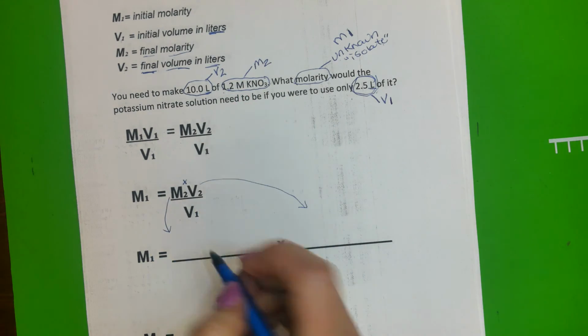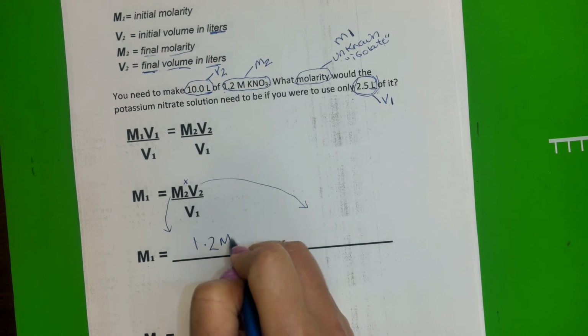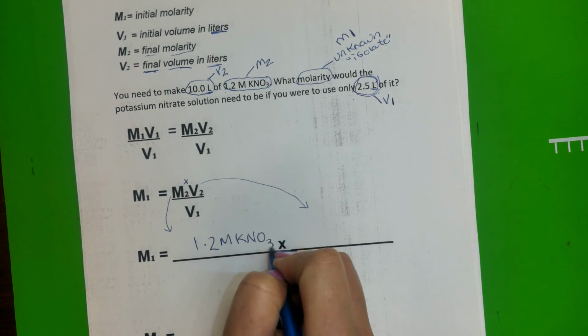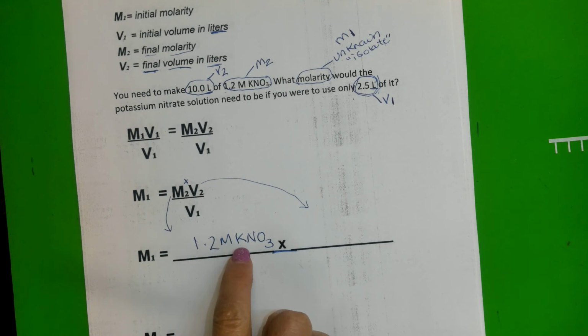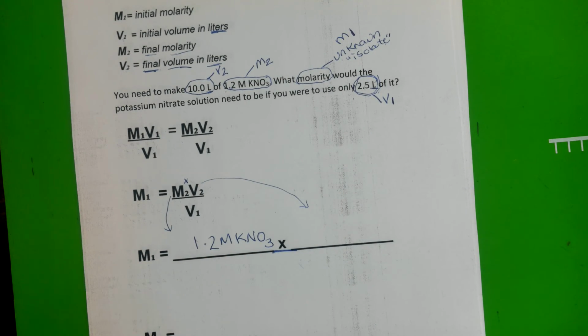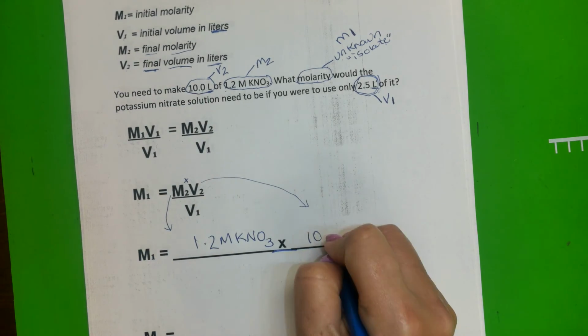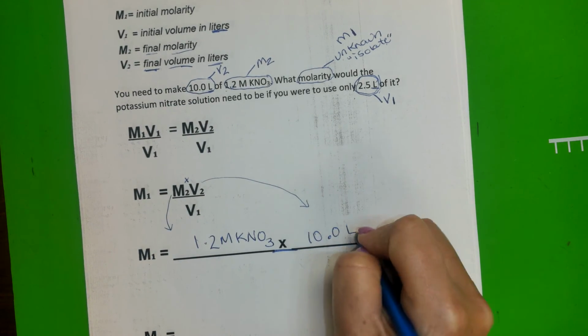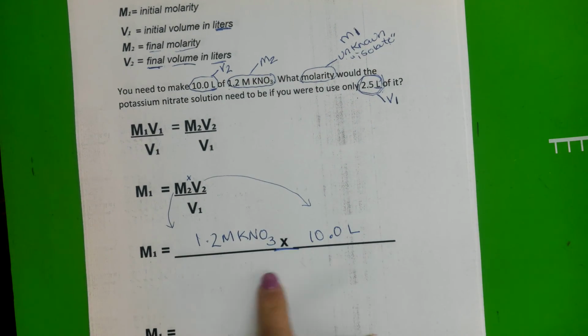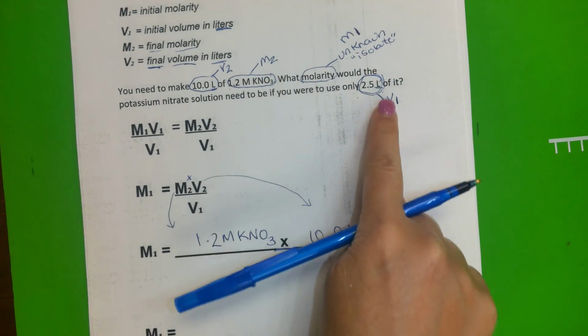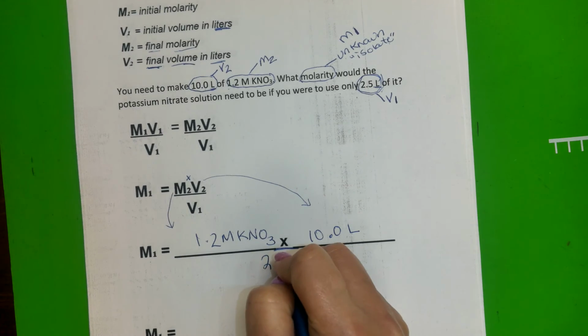M2 is 1.2 moles of potassium nitrate. Make sure you put this exactly the way it looks in the computer. Then V2 will be 10.0 liters, and on the bottom it will be your volume 1, which is 2.5 liters.